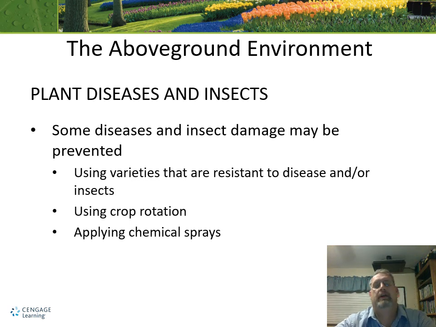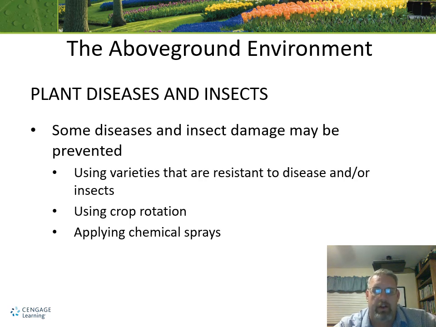When we start talking about plant diseases and insects, this gets into a whole other topic, and there's a whole other class here that strictly talks about pesticides and applications and understanding diseases and insects. There are different ways to handle this.